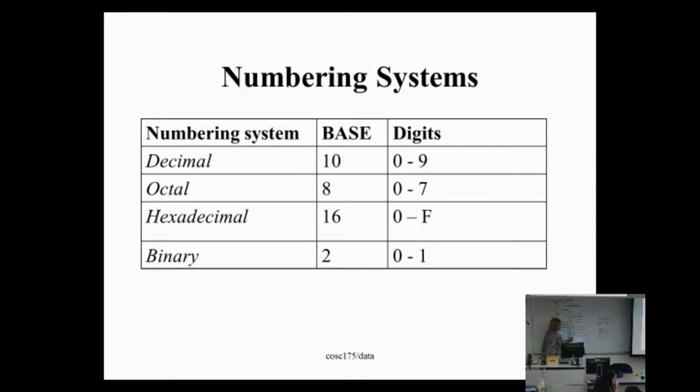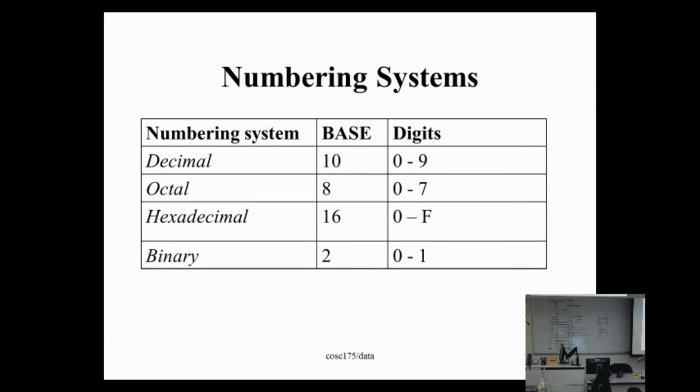I'm going to move this so that it can show up in the camera. 1, 1, 0, 0. 1, 1, 0, 1. 1, 1, 1, 0. 1, 1, 1, 1. And then what's 16 going to be? 1, 0, 0, 0, 0. Okay. Binary values from 0 through 16. Okay? Sort of, kind of?